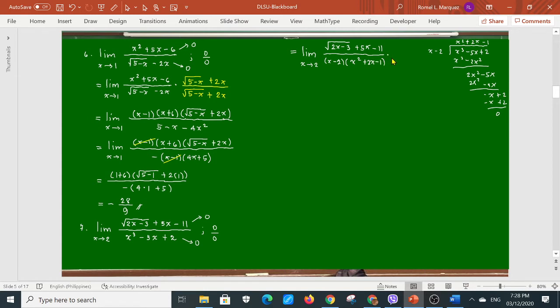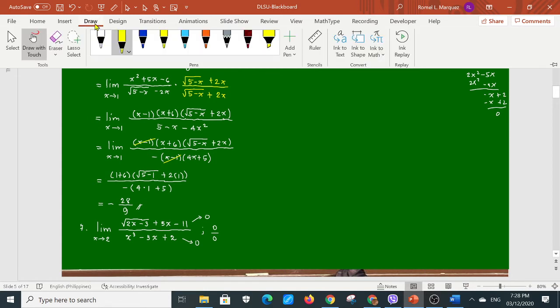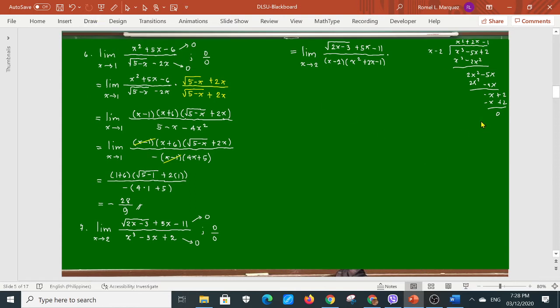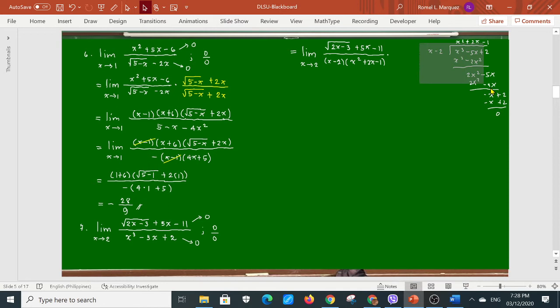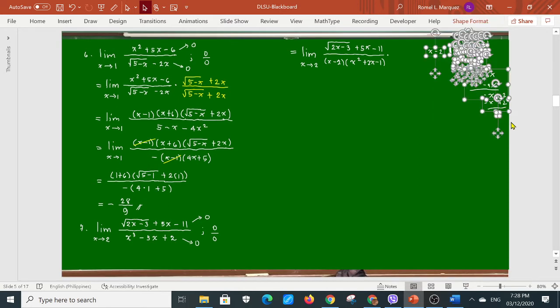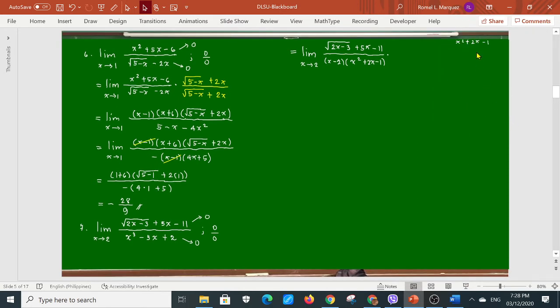What is our multiplier? Anong multiplier natin para ma-rationalize ang numerator? Okay? I'm now going to remove this. Because I need this space. And I need this space. You should know how I got this factor.